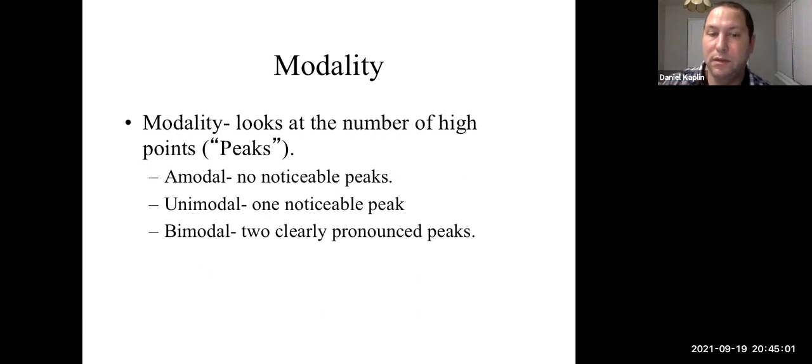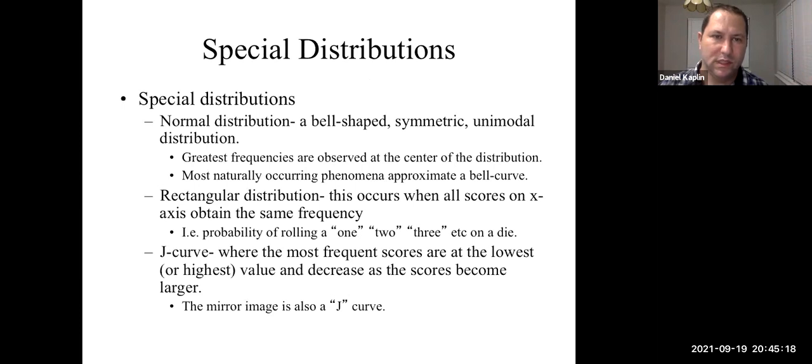So that would be a bimodal distribution. We have two clusters of scores or two peaks. We tend to see that in teaching in undergraduate courses, that many of the data sets land in a bimodal distribution.